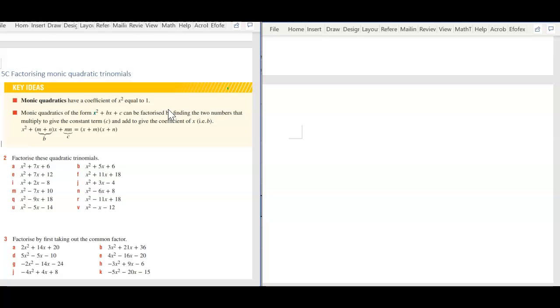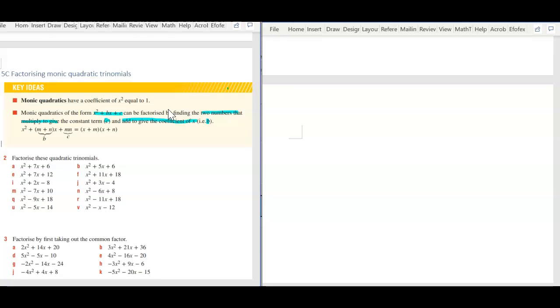If we've got a quadratic of the form x squared plus bx plus c, we need to find two numbers that multiply to give c, the constant term, and add to give the coefficient of x, which is the value of b. So you're looking for factors of c, and then deciding which ones add to give you b.